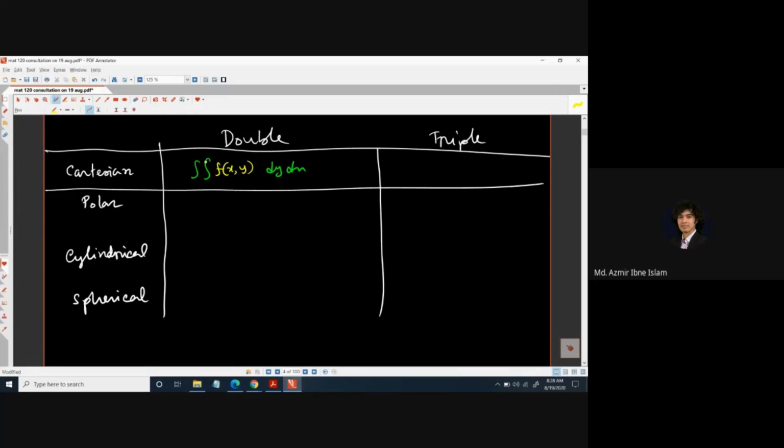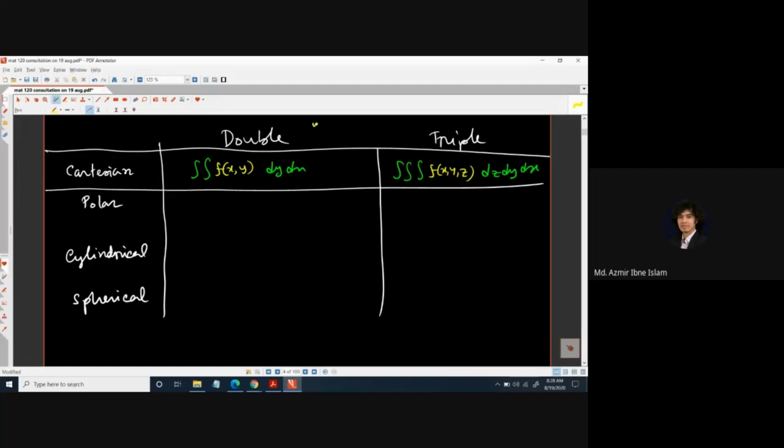So you can see we have double integral of f of x comma y dy dx, and the form of triple integral will be dz dy dx, and the function will obviously be f of x comma y comma z. Here you have a function of three variables. Three input variables are here, x comma y comma z.